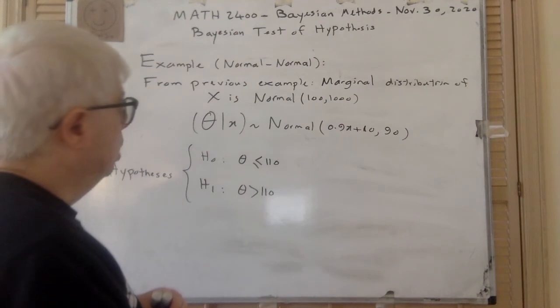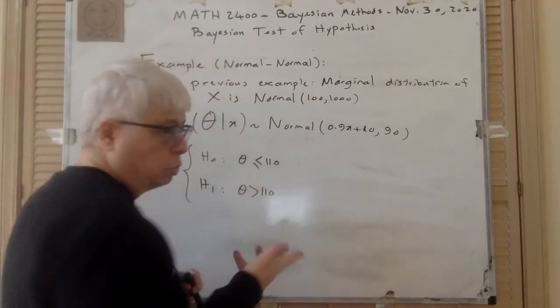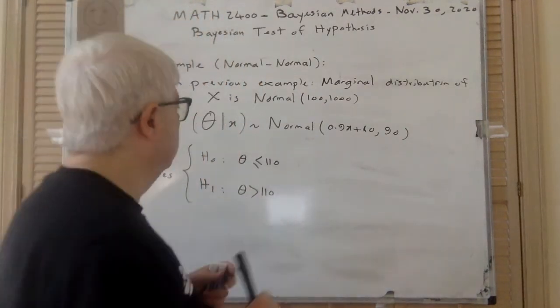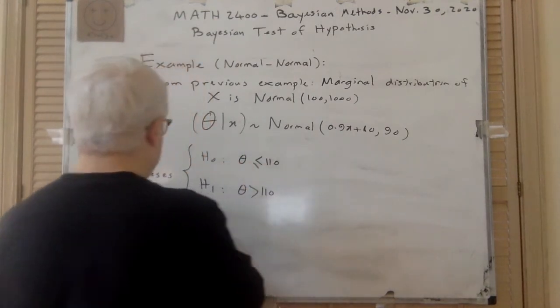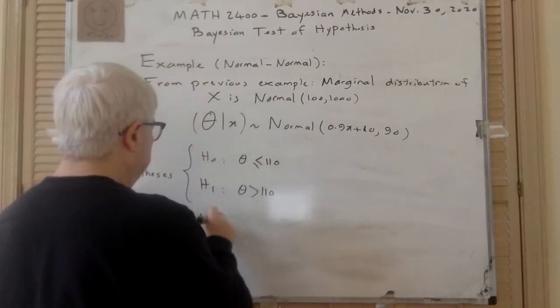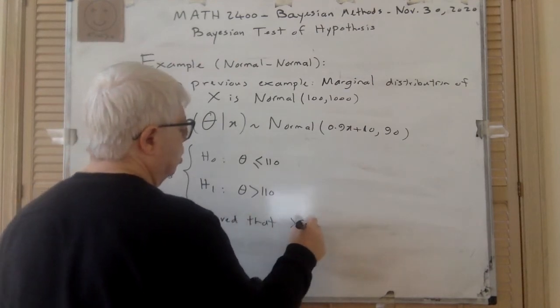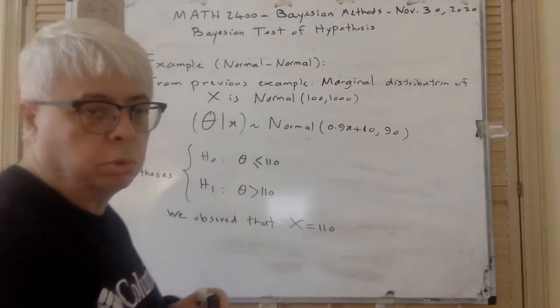So this is in fact this x, because we observed x, right? What do we observe? We observed that x is like 110, something like that. So that was blood sugar.